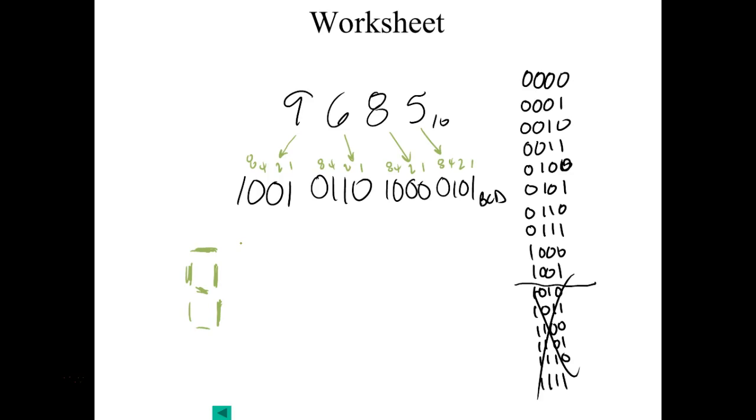So I could have a code up here to represent my decimal numbers directly, BCD, but I've got to be able to represent that A key. I've got to be able to represent the B key, the C, the D, the E, the F. I've got to send pictures over the internet. I've got to be able to send different languages. I've got to be able to do that on the internet. We've got to have what? Codes.